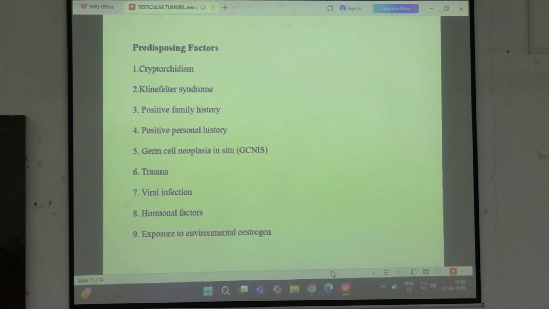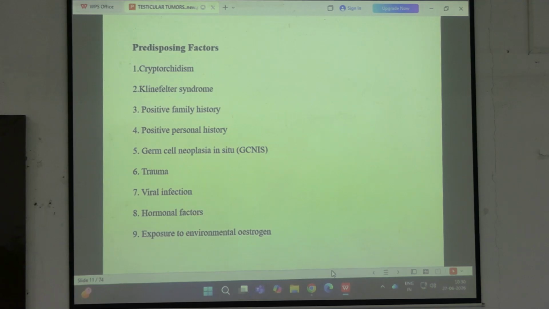In 90% of cases, testicular tumors will have this abnormality. So this particular GCNIS is not an invasive carcinoma, this is again in situ. This will be present and this will be dormant, okay?